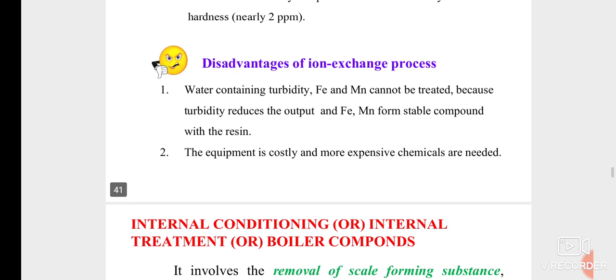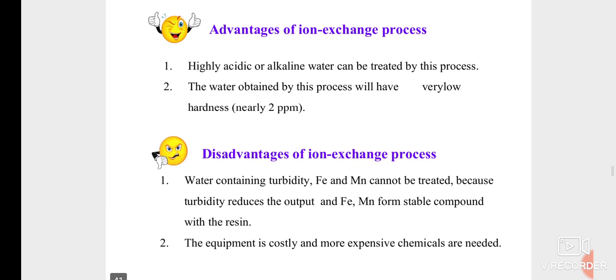Okay. So in today's class we covered what the demineralization process is, what chemicals we use in the demineralization columns and ion exchanger columns, the different types of chemical reactions involved in the demineralization or ion exchange process, and how we can regenerate the cation exchange resin and anion exchange resin with supportive chemicals and reagents.